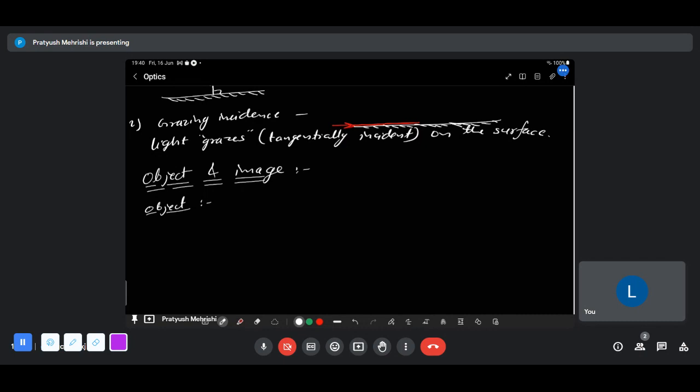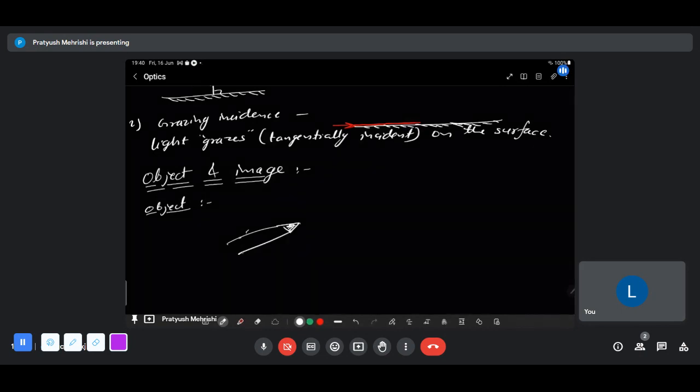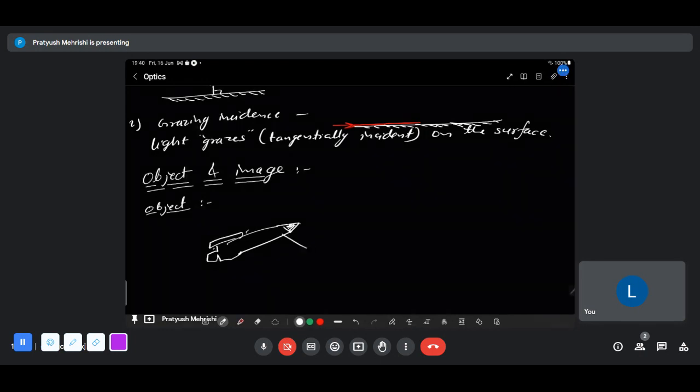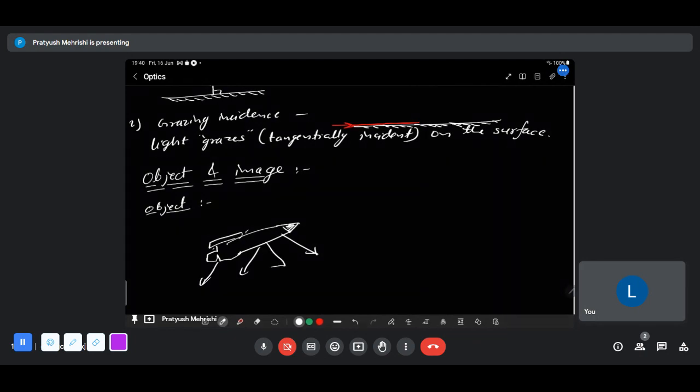Like if I am seeing this pen, this pen is an object. When will I be able to see this? When the light rays are incident on my eyes originating from this pen, meaning light rays are going out of the surface of this pen and reaching my eyes.